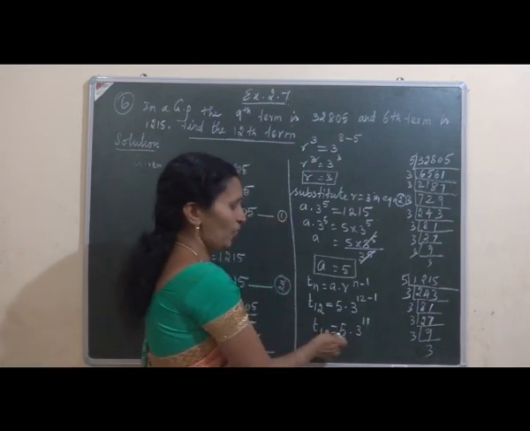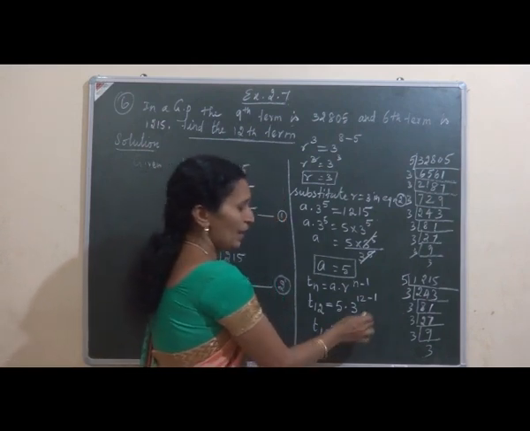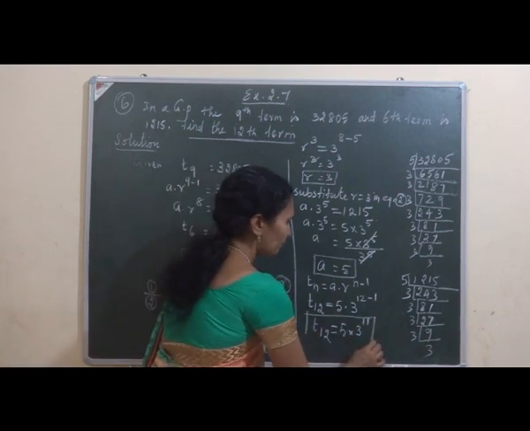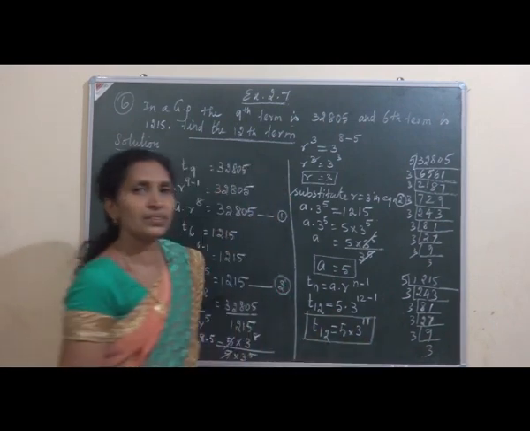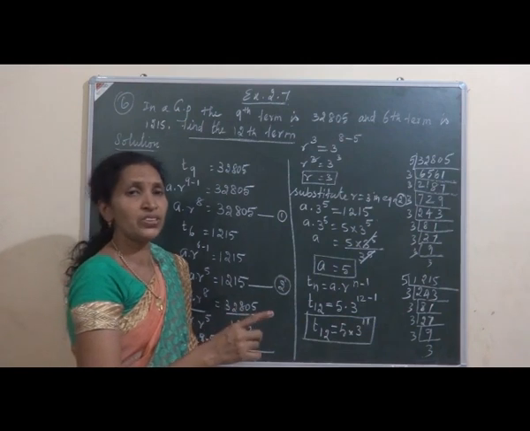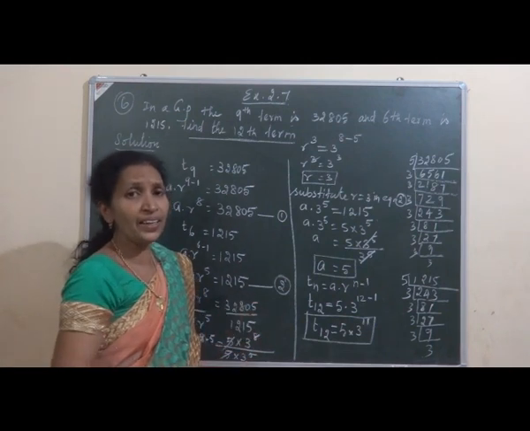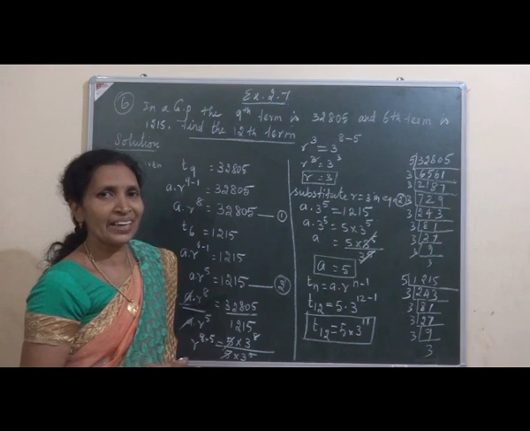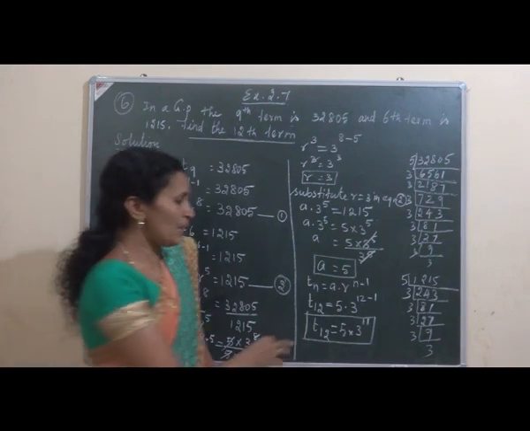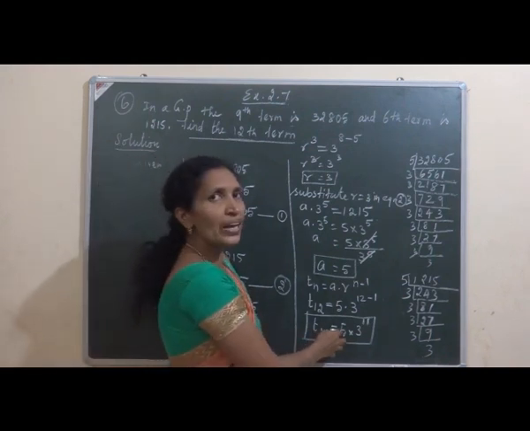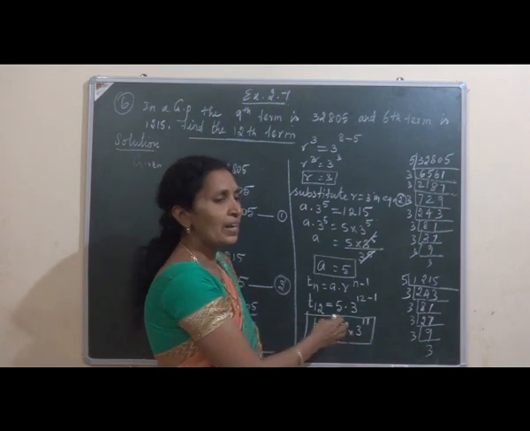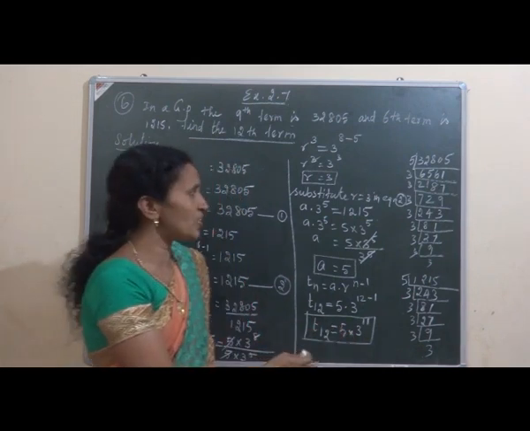So it's enough. 5 into 3 power 11. 3 power 11, 11 times you should write 3 and calculate, more time will take. Okay, so no need. T12 equals 5 into 3 power 11. Okay, do you understand students?